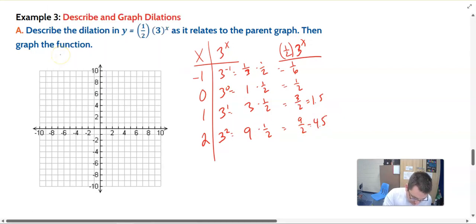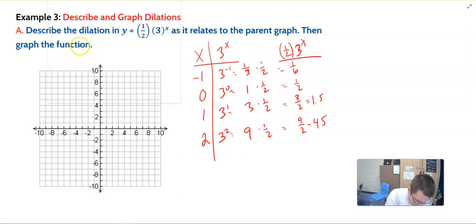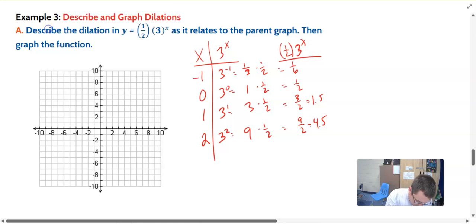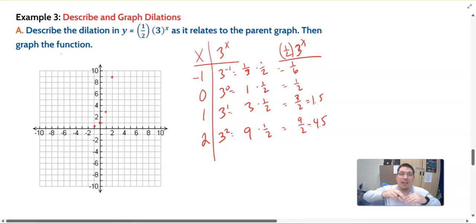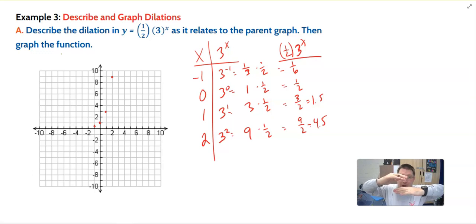And so we can plot those points. Again, the originals, we'll do those in red. The original points would be at -1 and 1/3, 0 and 1, 1 and 3, and 2 and 9. And all of those points have been shrunk down by 1/2. And this is a vertical dilation here because our y values have changed.